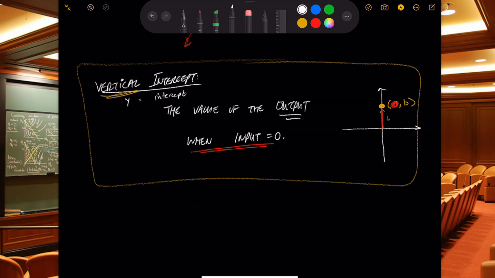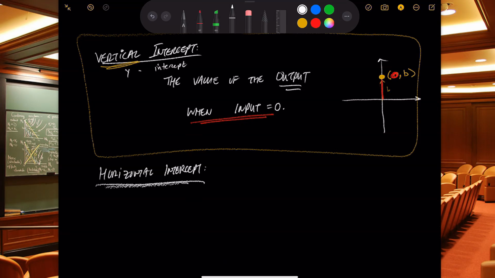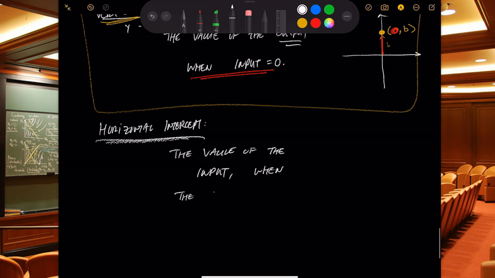But we don't always use y, right? We use h or p or whatever. So then there is a corresponding idea of the horizontal intercept. And it is the kind of mirror image of this. It's the value of not the output, but the input when the output equals 0.